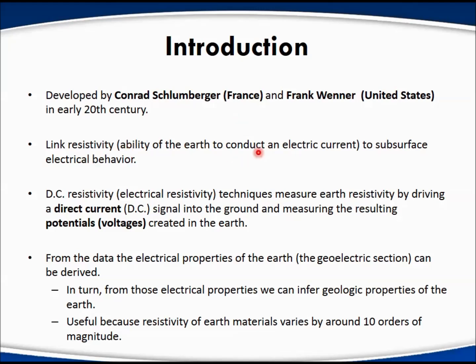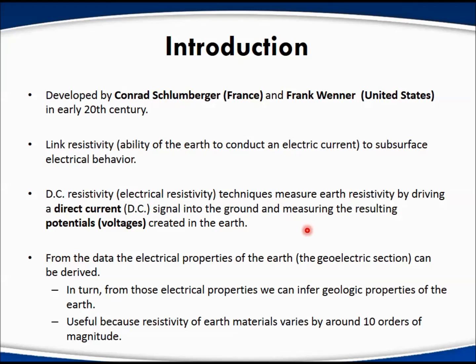They actually started with electrical resistivity first before they moved totally on to seismic and oil and gas. So they linked resistivity, which is the ability of the earth to conduct an electrical current, to subsurface electrical behavior. They inject direct current into the ground and measure the potential difference from one point to another point created in the earth.